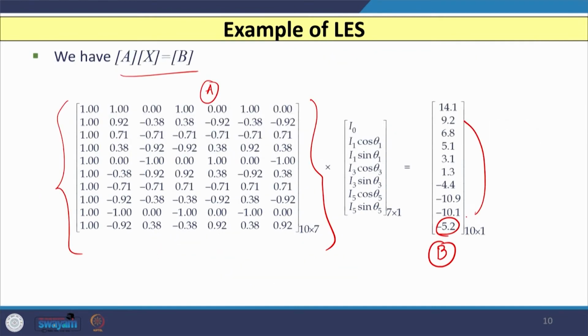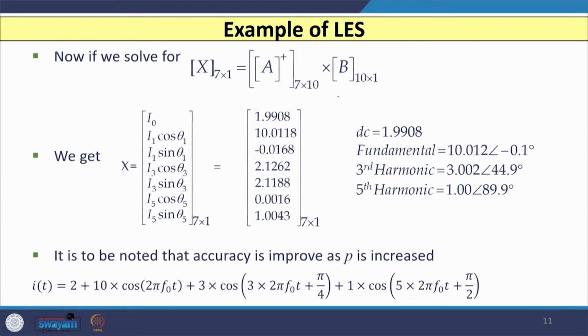So, you have this value and this value. And now, if you calculate the unknown matrix X, you have the value of X, which is the pseudo inverse of A, that is A plus, 7 cross 10, and the B matrix, that is 10 cross 1. So, you have the value of X, that is 7 cross 1.